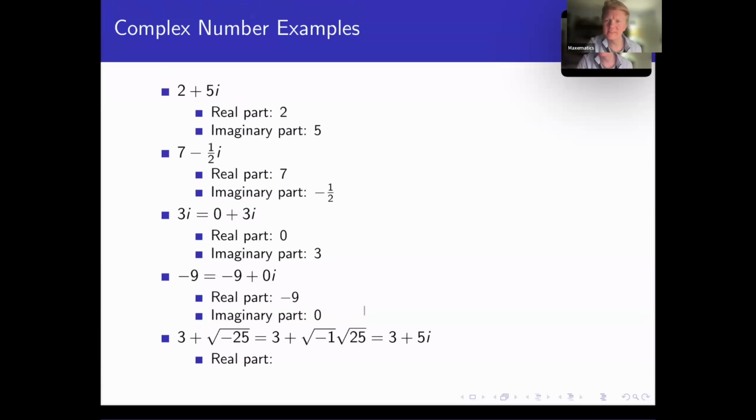Another way you can look at this is the square root of positive 25 is 5, so the square root of negative 25 is 5i. And you can extend that to all square roots of negative numbers. Square root of 64 is 8. Square root of negative 64 would be 8i. The real part, now that we have it rewritten, is 3, and the imaginary part is 5.